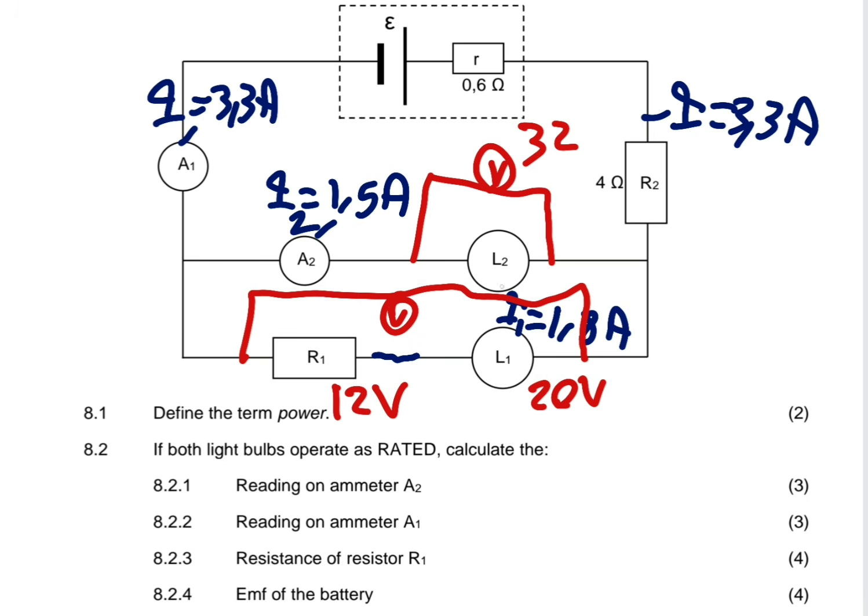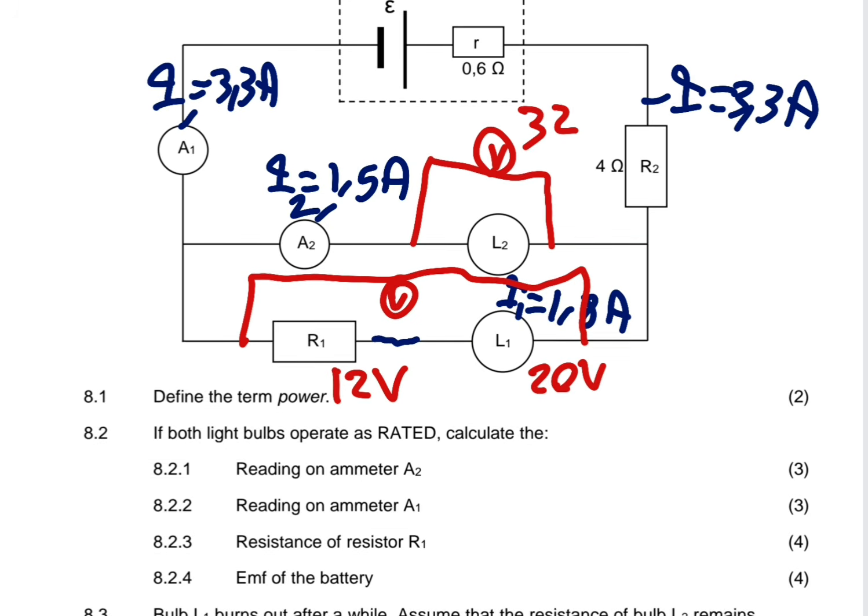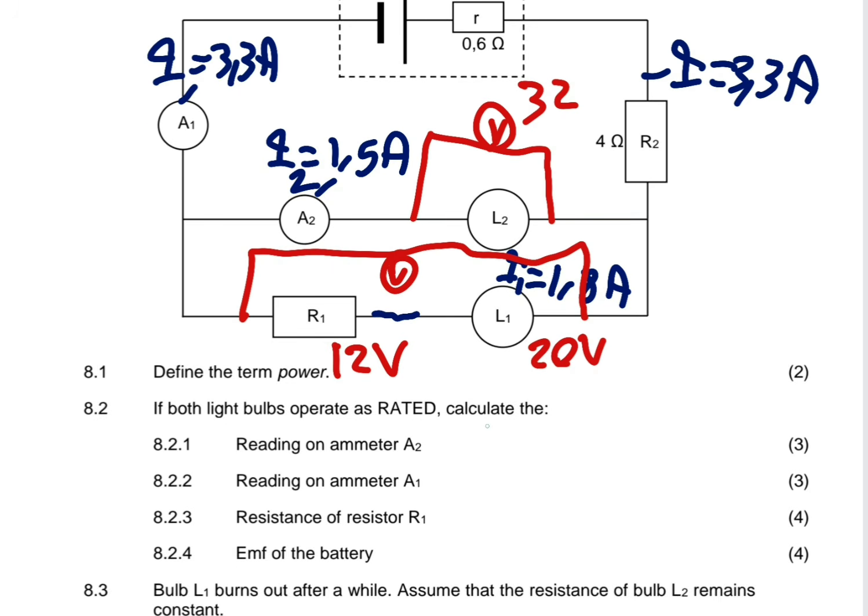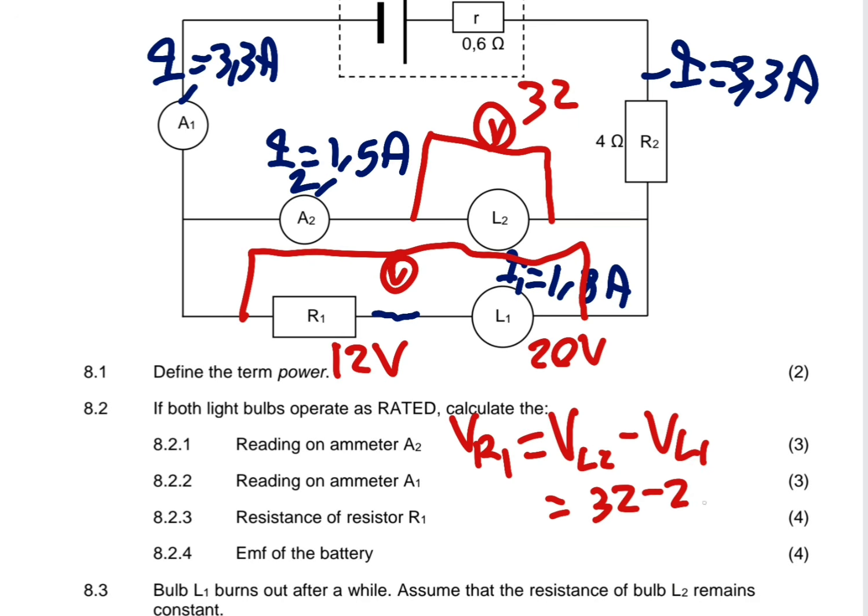So we can deduce that R1 should have a voltage of 12 volts. So we can say the voltage of R1 is equal to the voltage of L2 minus the voltage of L1, which is 32 minus 20, which is the 12 volts that we just talked about.